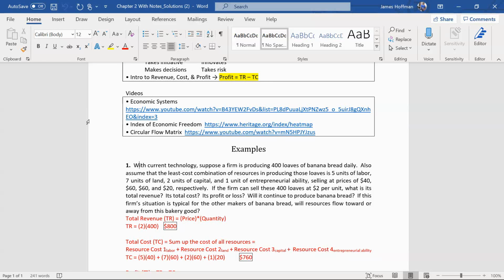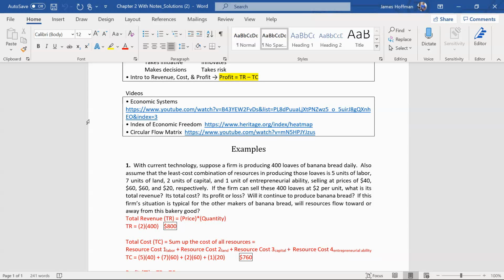All right, so with current technology, let's suppose a firm is producing 400 loaves of banana bread daily, and let's assume the least cost combination of resources in producing those loaves is 5 units of labor, 7 units of land, 2 units of capital, and 1 unit of entrepreneurial ability.